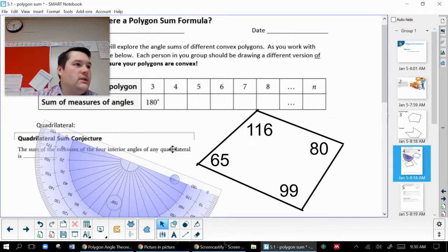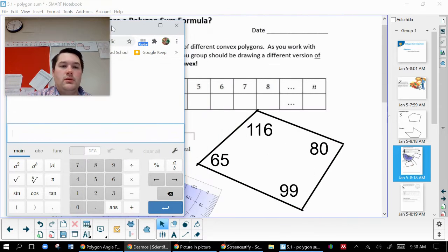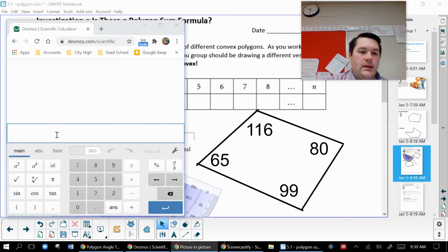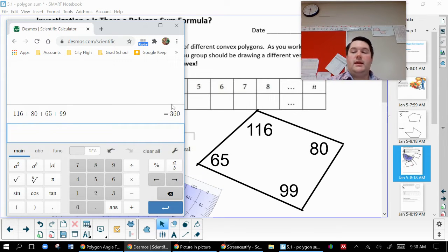What we did is we all did this together as a class. Each person did their own shape, so they were all slightly different, and then we added them up. So 116 plus 80 plus 65 plus 99, and I happen to get exactly 360. Now, most of the time, I don't end up exactly at 360 because we're talking about some error in there.